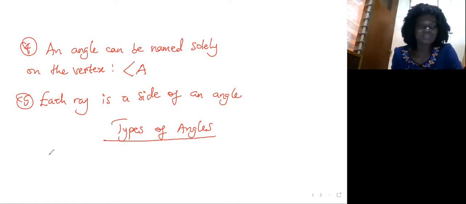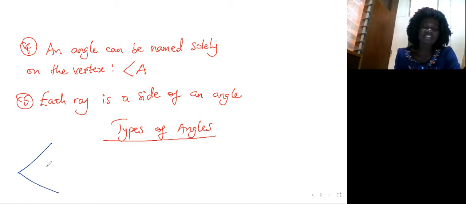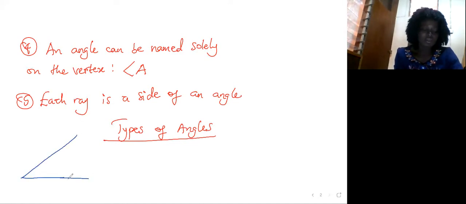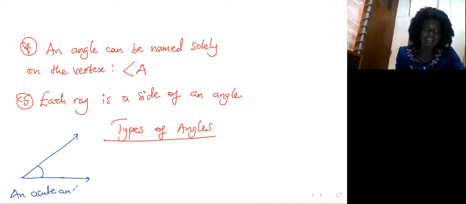Now let's come here. The first angle I will draw is, yes, an acute angle. Let's draw it well. All right, so this is a ray, another ray, meeting at a common point. So we call this an acute angle.